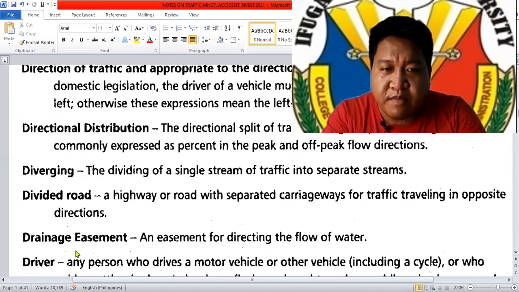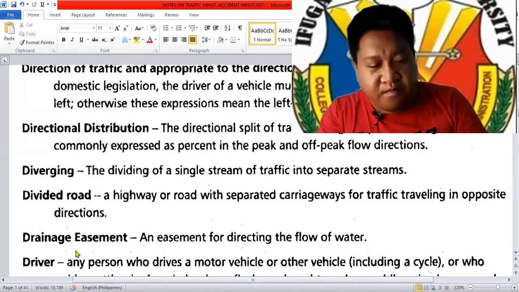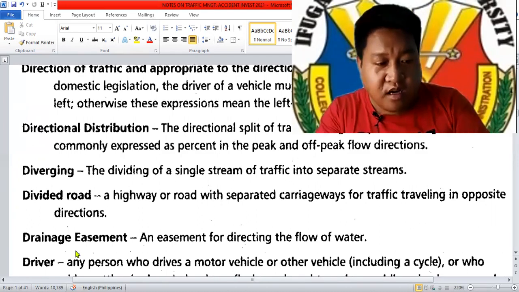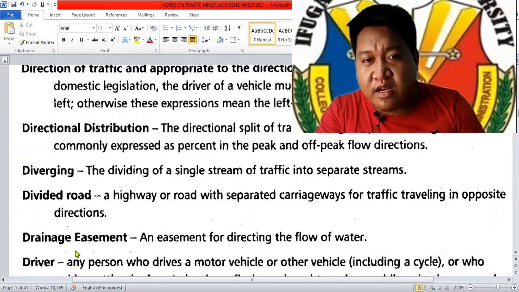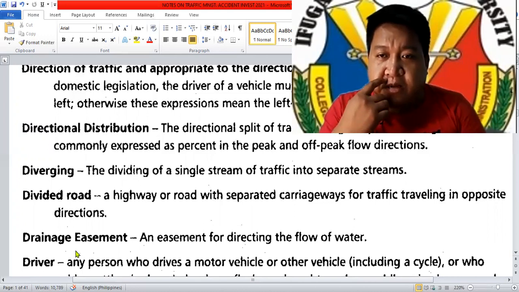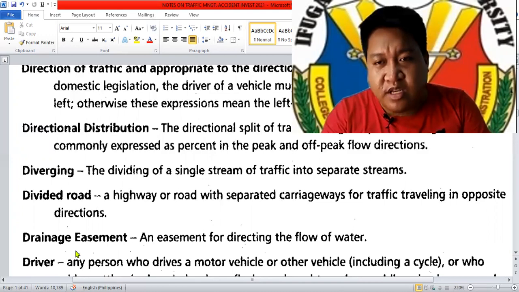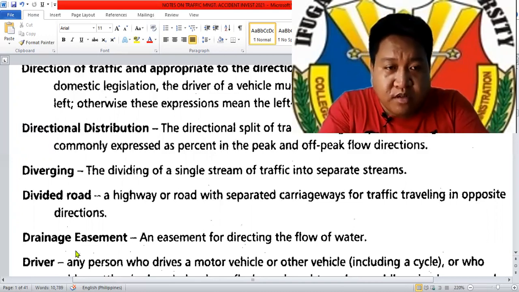Drainage easement, an easement for directing the flow of water. Yeah, because if there is no drainage easement, no, pag uulan, then yan nakakaroon ng flooding. And if there is flooding in the roadway, then it will impede or obstruct the movement of vehicle and safety of the motorist.